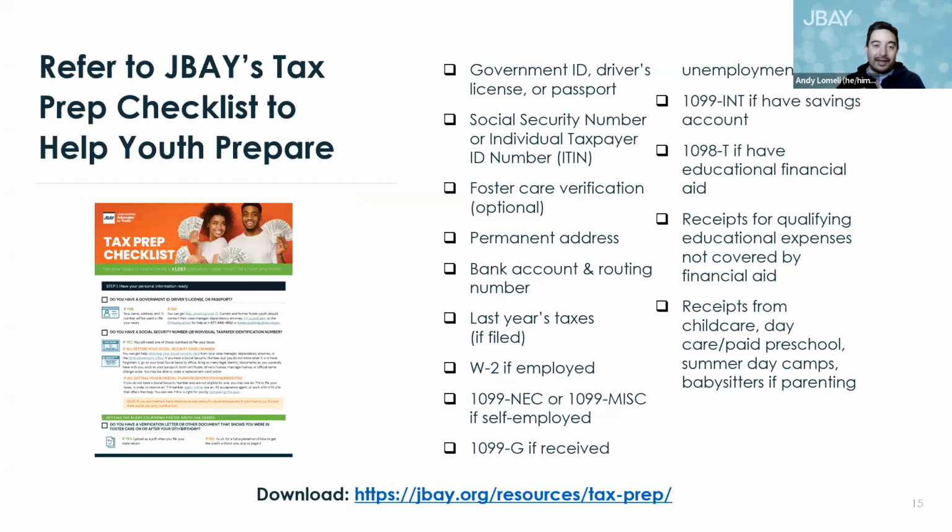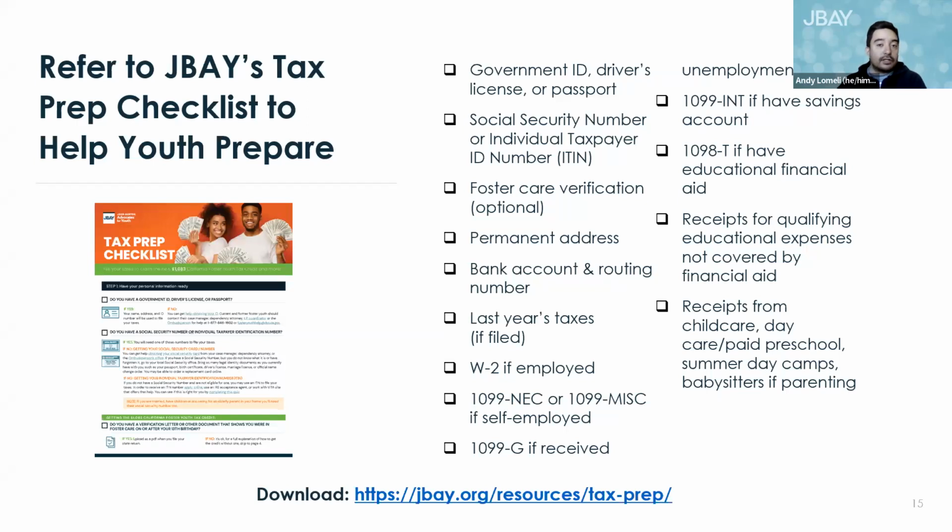So very fortuitously, JBay has prepared a checklist of documents that a youth needs to prepare their taxes. It is available at this link, and I believe Simone or somebody will drop the link in the chat as well. You're going to need your government ID, including a driver's license or a passport, your SSN or ITIN number.